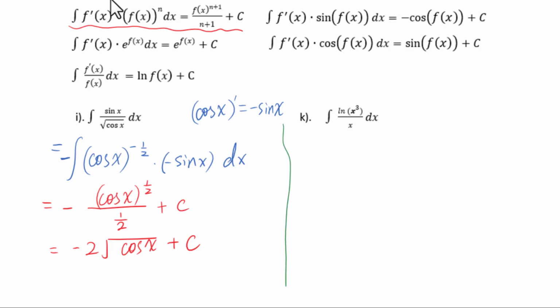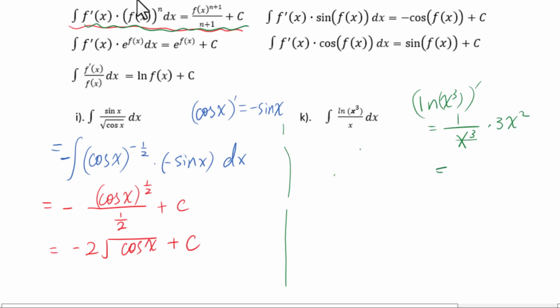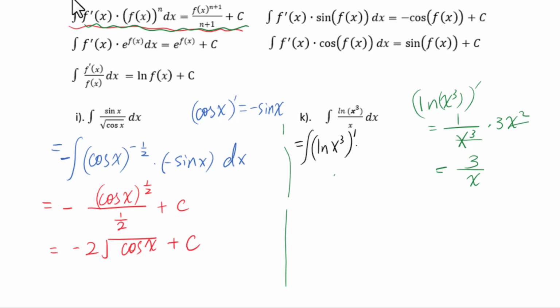Let's go to K. We do know natural log of x to the 3rd power, prime, equals 1 over x to the 3rd power times 3x squared by the chain rule, which reduces to 3 over x. So for K, the integral of natural log of x to the 3rd power to the 1st power times 3 over x, then times 1 over 3 dx.